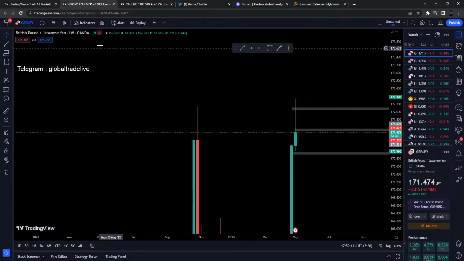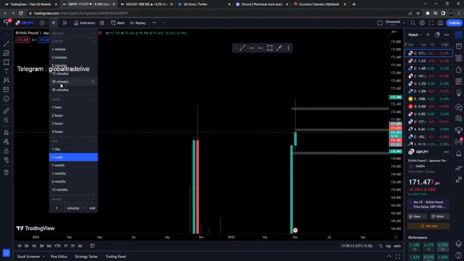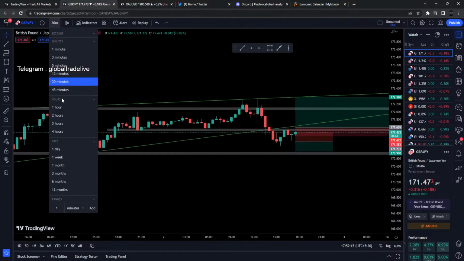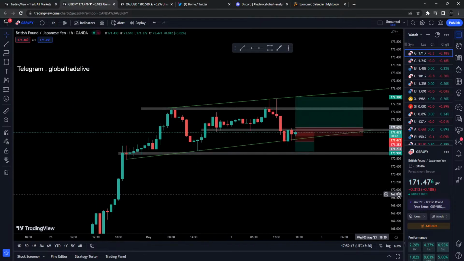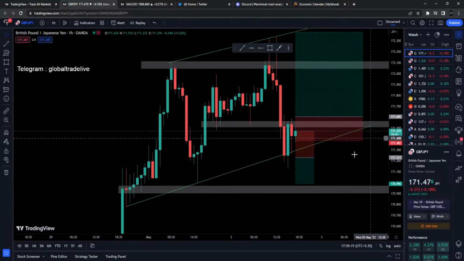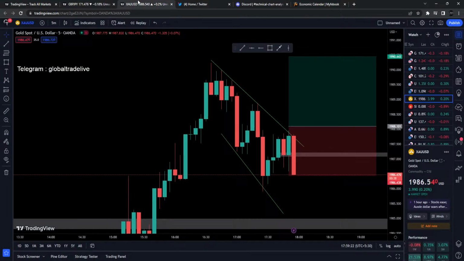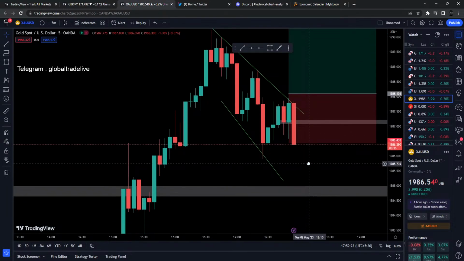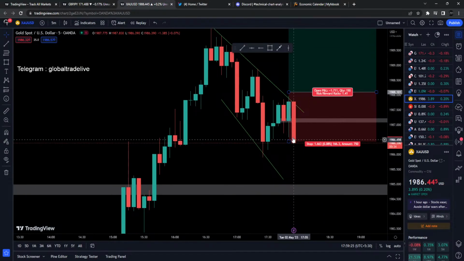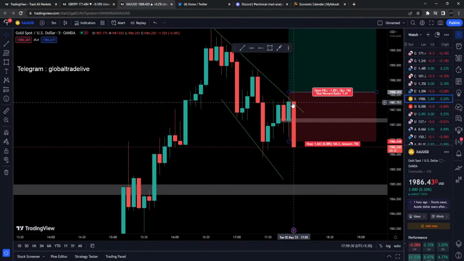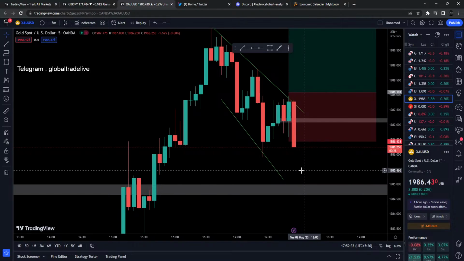Yeah, looks like it's gonna come down. And okay, so the gold is now moving down from this area of trend line straight down.